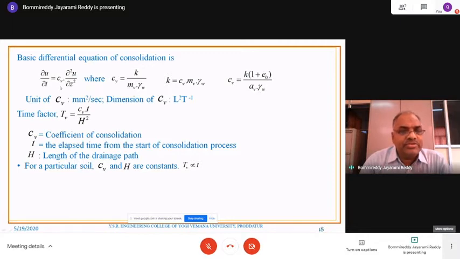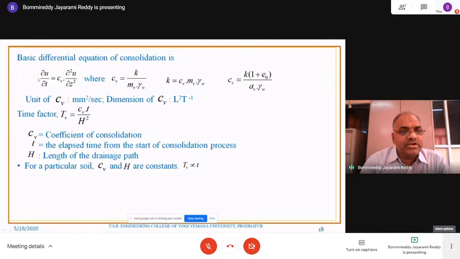So remember, ∂u/∂t = Cv ∂²u/∂z². Here u is the pore water pressure and is the dependent variable, whereas t and z are independent variables. So this equation is called a partial differential equation, with two independent variables and one dependent variable.